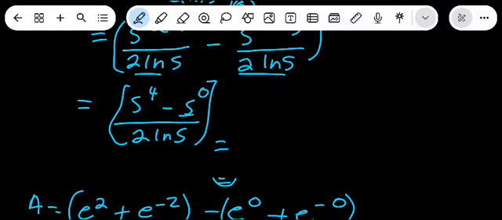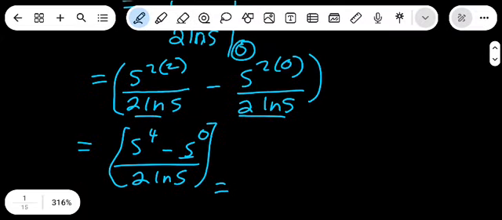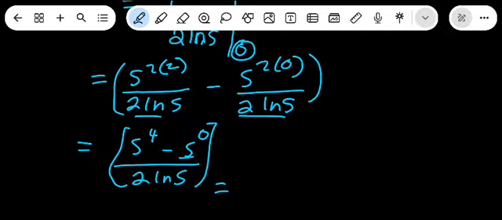Let me check. 5 to the power 4 minus 1, divided by 2 multiplied by ln 5.